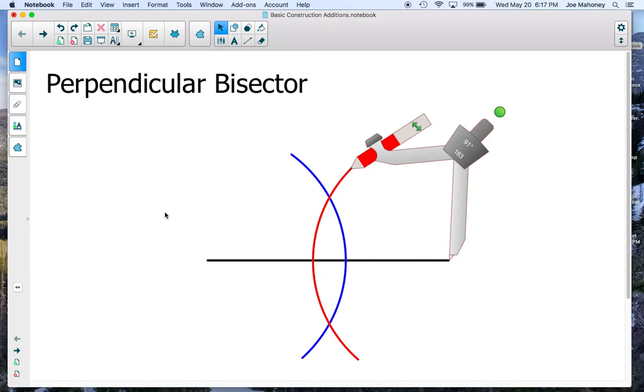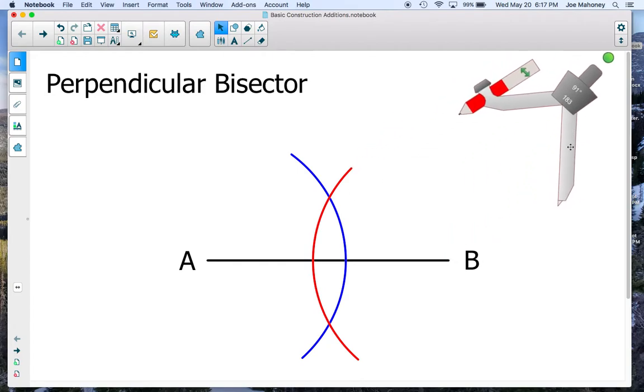These endpoints need some letters on them. Let's call it point A over there, and let's call it point B over there. There we go. So the red arc are all points the same distance from B. The blue arc is all the same distance from A.